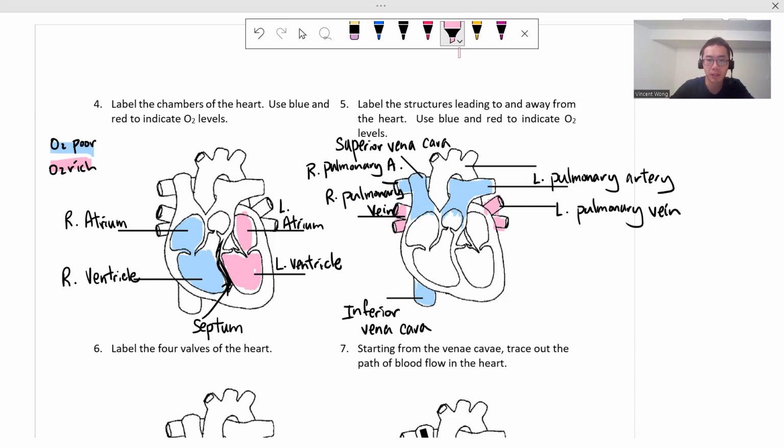I am missing one here, I just noticed. Can someone tell me what that is? The aorta. That is the aorta. Very good. The aorta continues to come down, right? Remember? Like that?